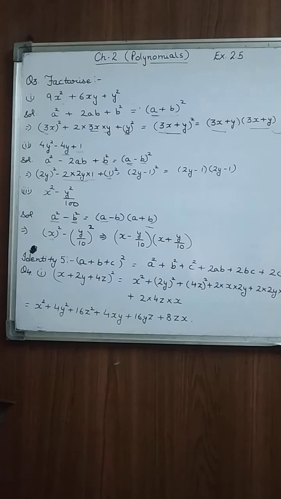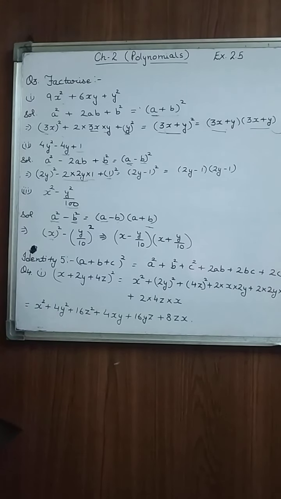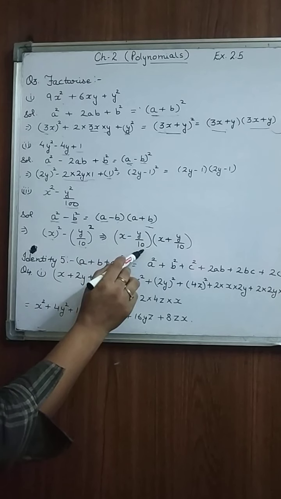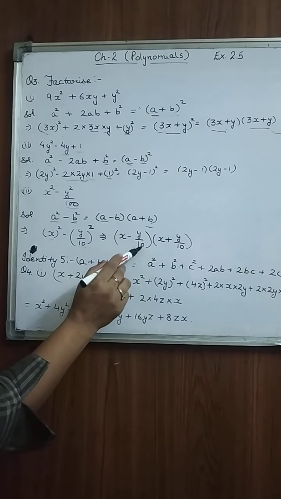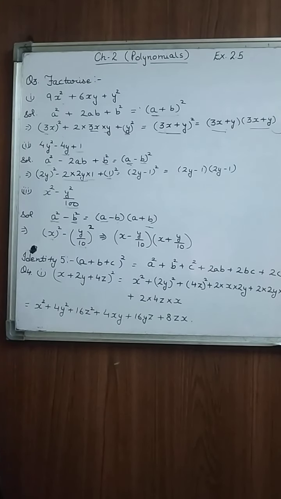The square root of x square is x, the square root of y square upon 100 is y upon 10, since the square root of 100 is 10. So a minus b is x minus y by 10, and a plus b means x plus y by 10.